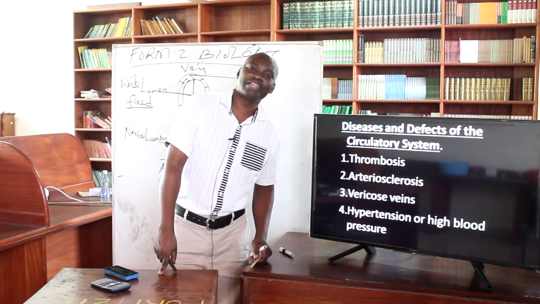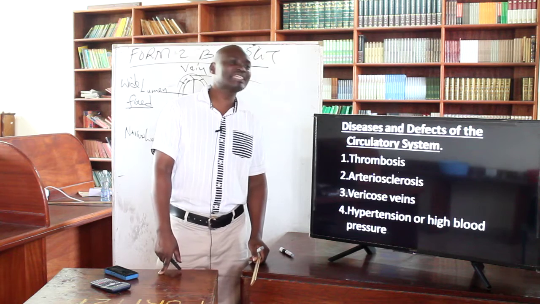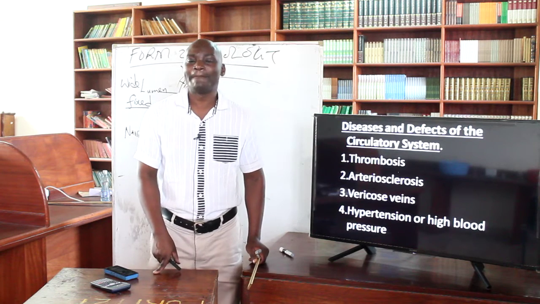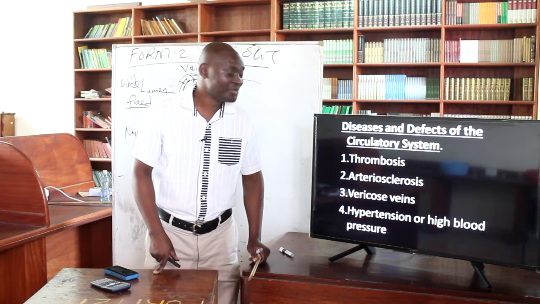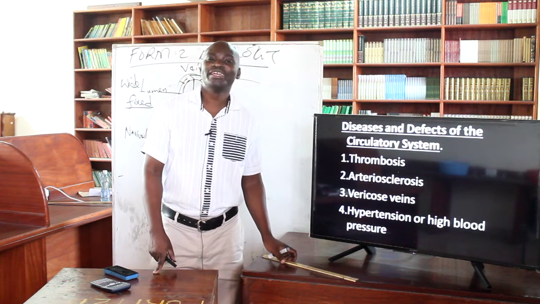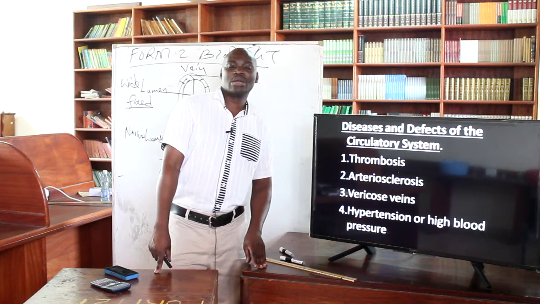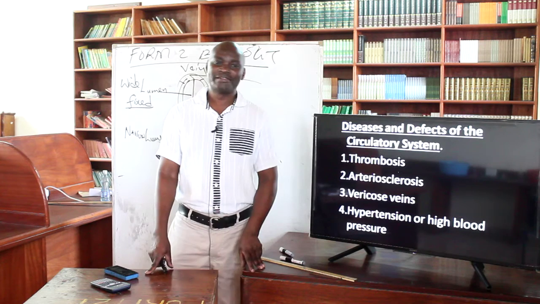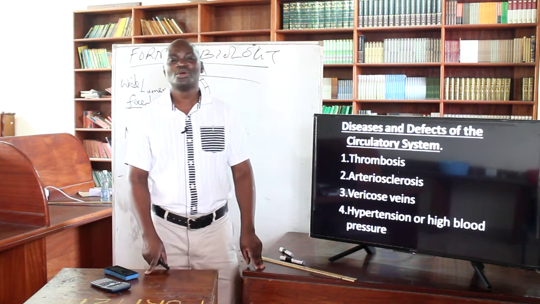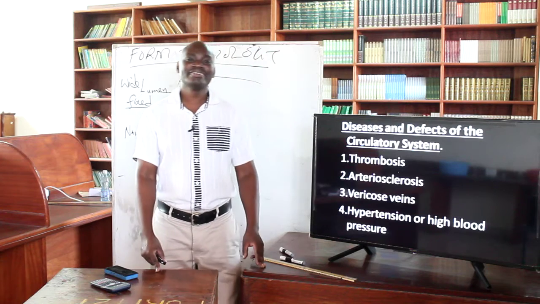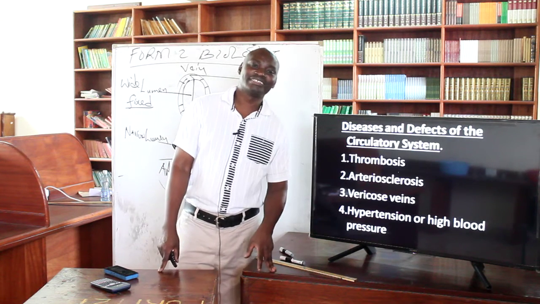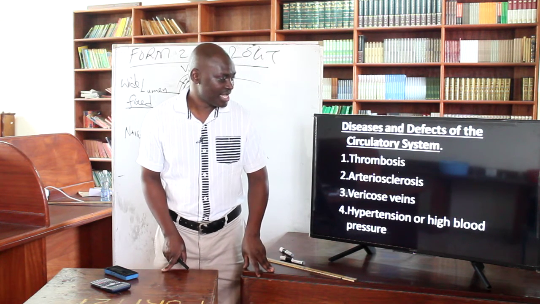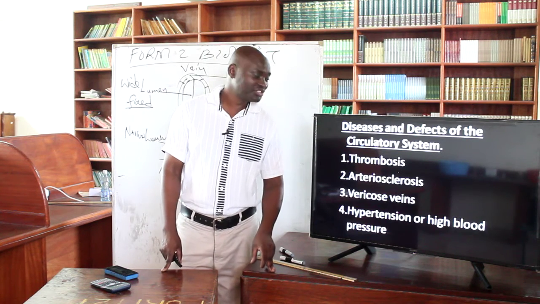Here we are going to look at those abnormalities that occur in the circulatory system of organisms, and we are going to concentrate on humans, because we are learning about your body, so that you have enough knowledge on the functioning of your body and any side effects that whatever you do has on it.